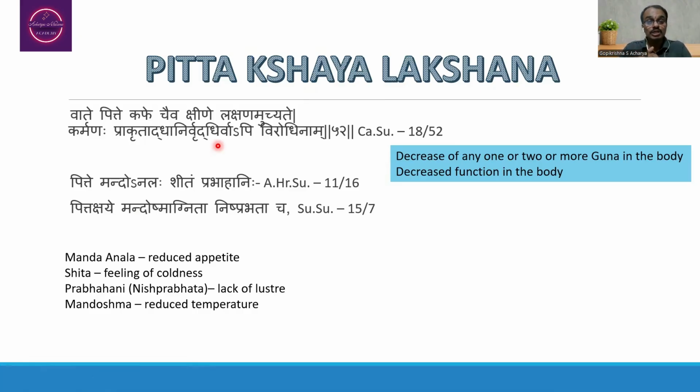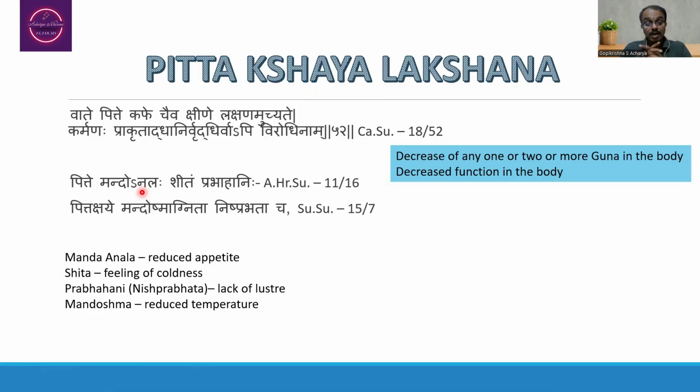As far as Pitta dosha is concerned, it is mentioned: Pitte Mando Anala Shitam Prabhahanihi, Ashtanga Hridaya Sutrasthana 11th chapter. Whereas Sushruta says: Pitta Kshaye Mandoshmagnita Nishprabhataja. Thinking about the word meaning, Mando Analaha refers to reduced appetite. Shitam refers to the feeling of coldness in the body.